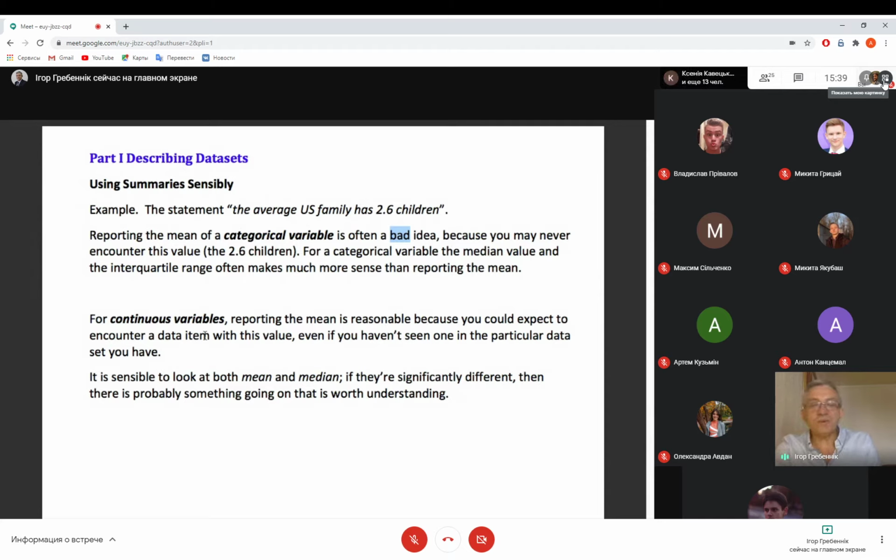For continuous variables, the mean is a good characteristic, because the value of the item may be any value from the interval.